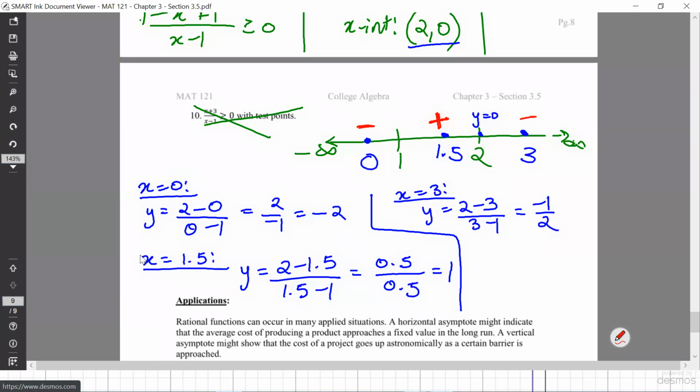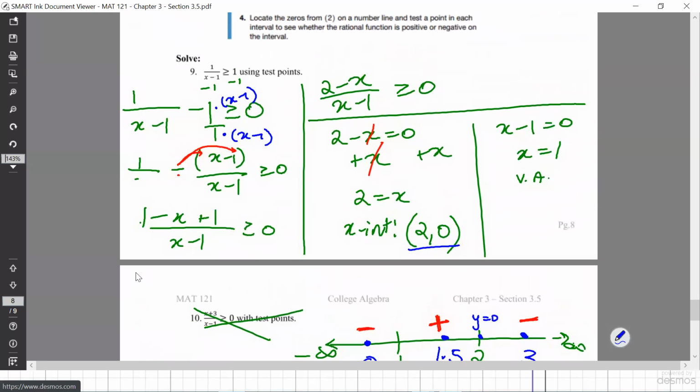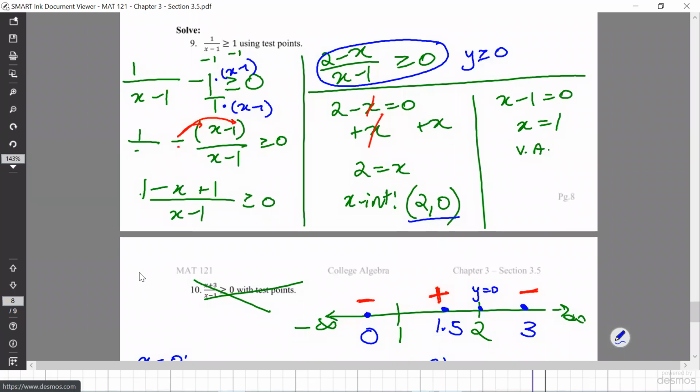So the y value is negative on that side. Okay, so remember your inequality is greater than equal to 0, so we're basically saying where is the y value greater than equal to 0? So what interval are we looking at? Between 1 and 2.